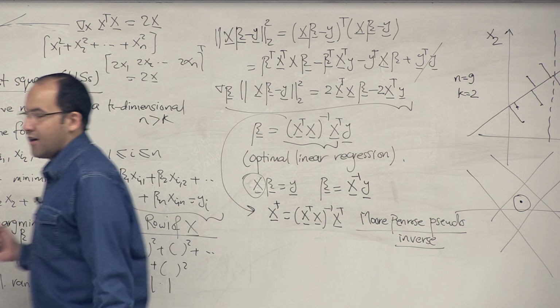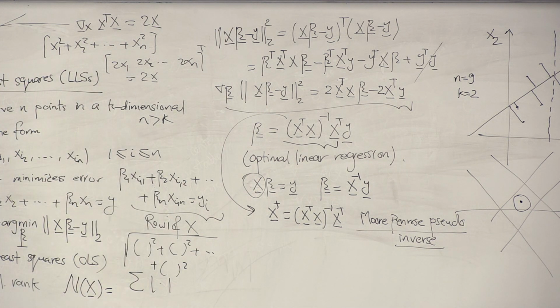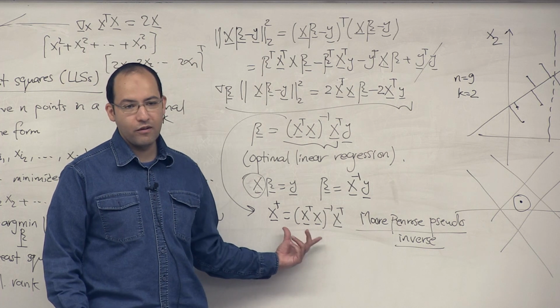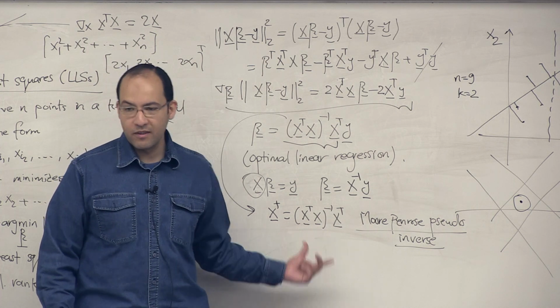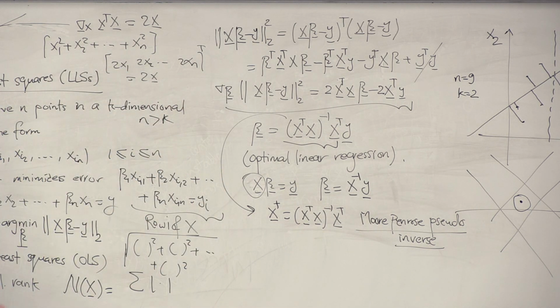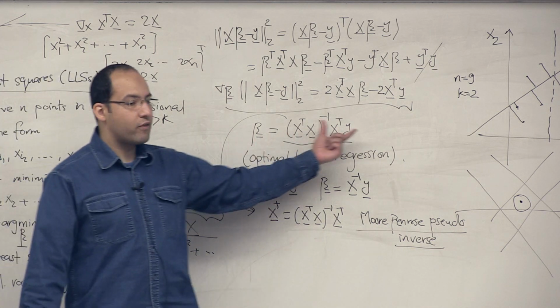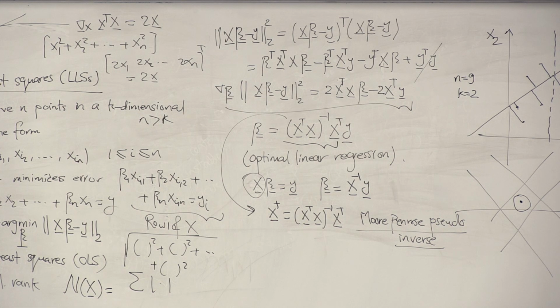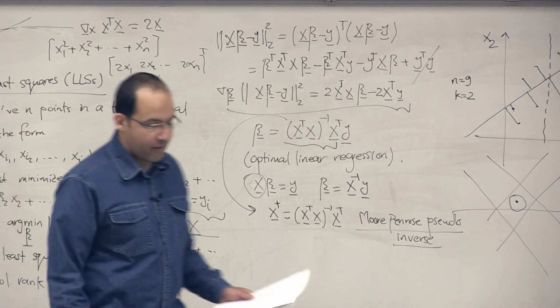So actually this guy is some inverse, but it is pseudo-inverse because the matrix is a long matrix. And if we had time, we would have discussed this a little bit, but yeah, this thing is called the Moore-Penrose pseudo-inverse. So the optimal solution for the linear regression ends up being the pseudo-inverse times y. Okay? All right, we will return again in 10 minutes.